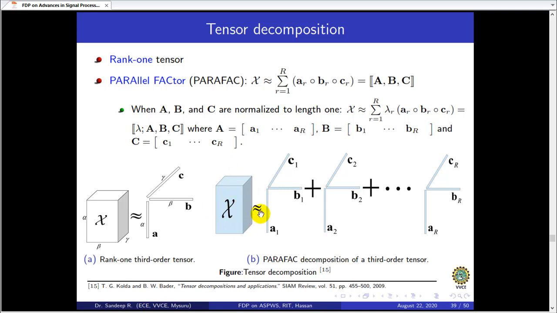We are trying to get its approximation using R rank 1 tensors, such that if I try to reconstruct this tensor based on these approximations and measure the error between the original video and the reconstructed video, the error will be minimum. So that's how we obtain these rank 1 tensors. Here you can see that it is uniform, in the sense that the number of elements along vector A, vector B and vector C would be the same.